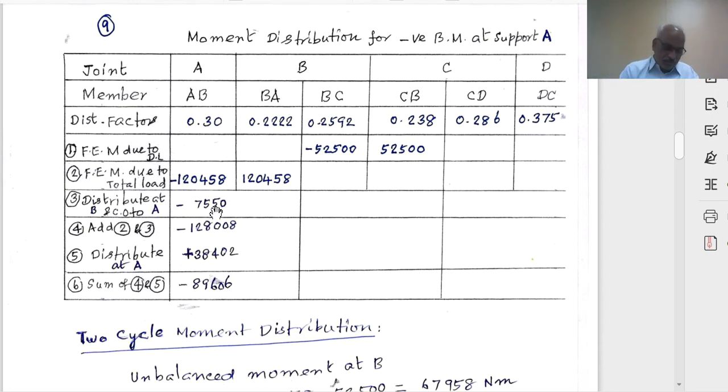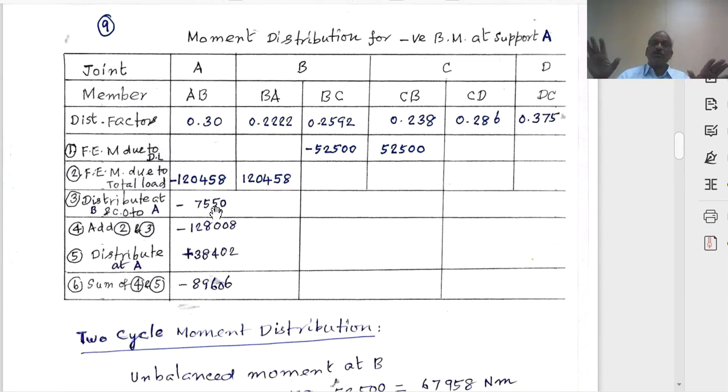Right. After this, the most important thing is that we will be doing only 2 cycles of distribution. This is another new point. We will be doing the distribution only for a particular joint or a particular span. But if it is a 10-paneled frame, we will be writing 5 spans: that span, two spans on the left hand side, two spans on the right hand side.